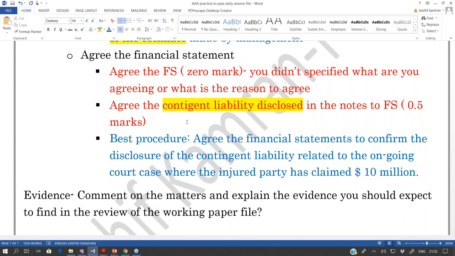So I want to see the note for a contingent liability regarding the court case, and I want to see where the injured party has claimed 10 million.